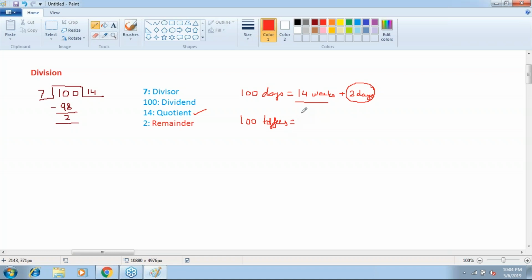It is difficult to make a good handwriting on a digital pad. Okay, so 100 toffees when divided by 7 told me that successfully 14 packets can be made, and plus there will be 2 extra toffees.